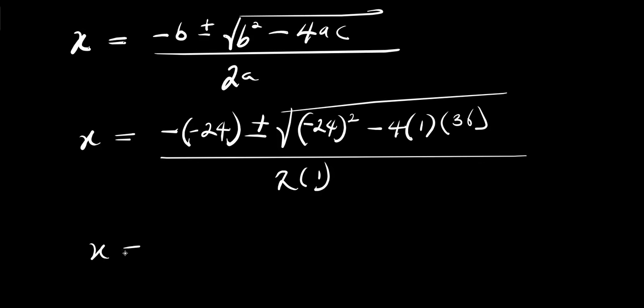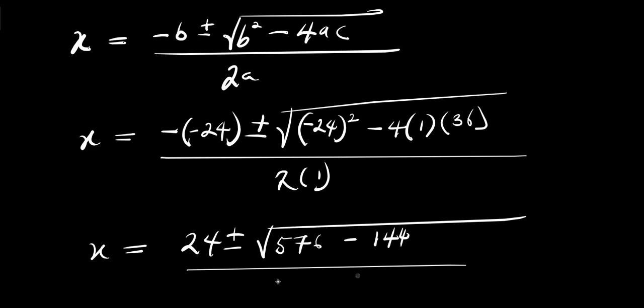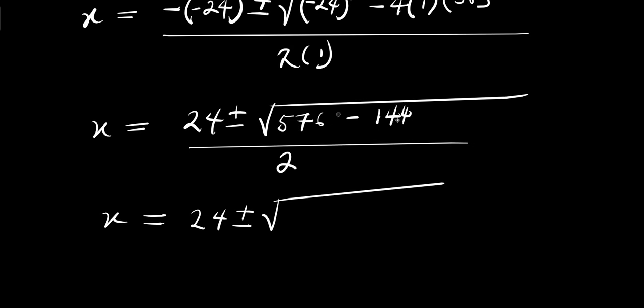So from here, I have x equals 24 plus or minus square root of, this is 576 minus 144, divided by 2. So from here we have x equals 24 plus or minus square root of 576 minus 144, this is 432, divided by 2.